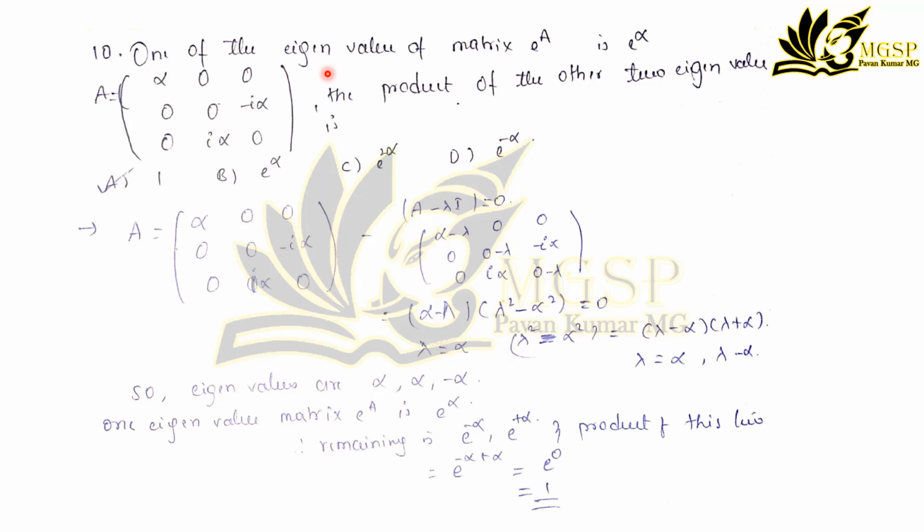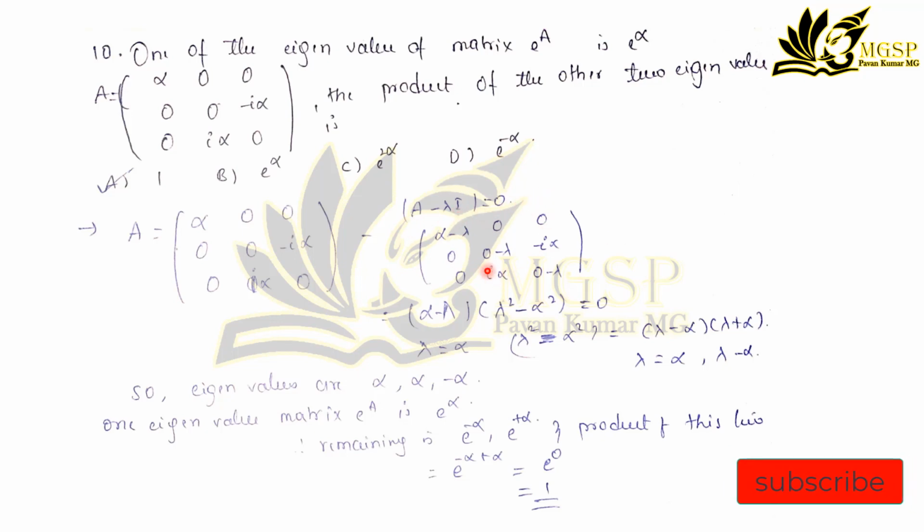Next: one of the eigenvalues of the matrix e power A, where A is the matrix with entries alpha, i alpha, 0, 0, 0, minus alpha, is e power alpha. The product of the other two eigenvalues is. Before finding that, we have to find the eigenvalues. The eigenvalues can be found easily by setting determinant of A minus lambda I equal to 0.